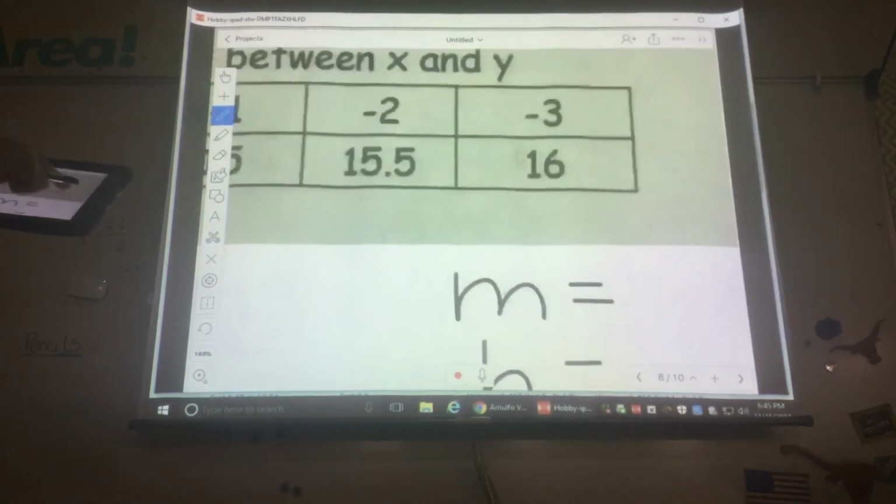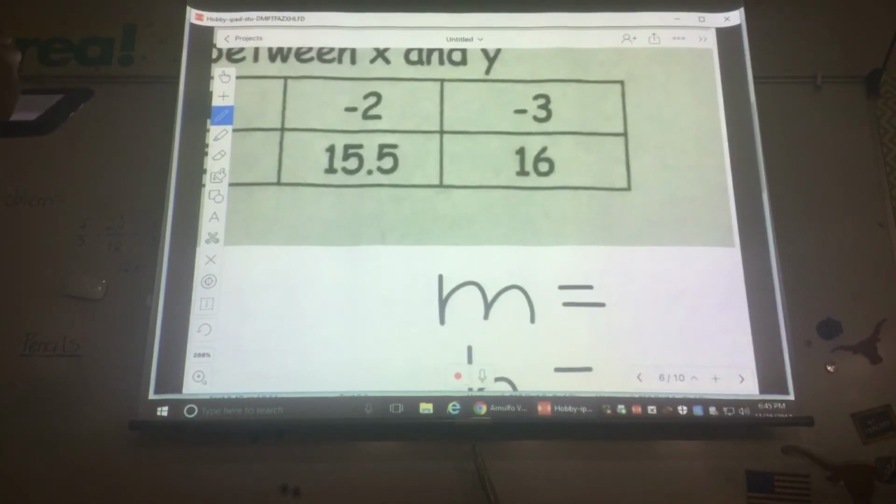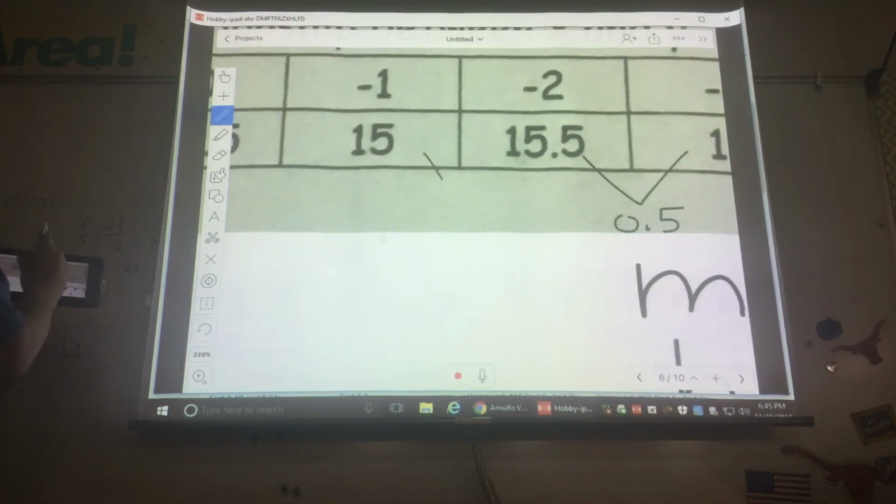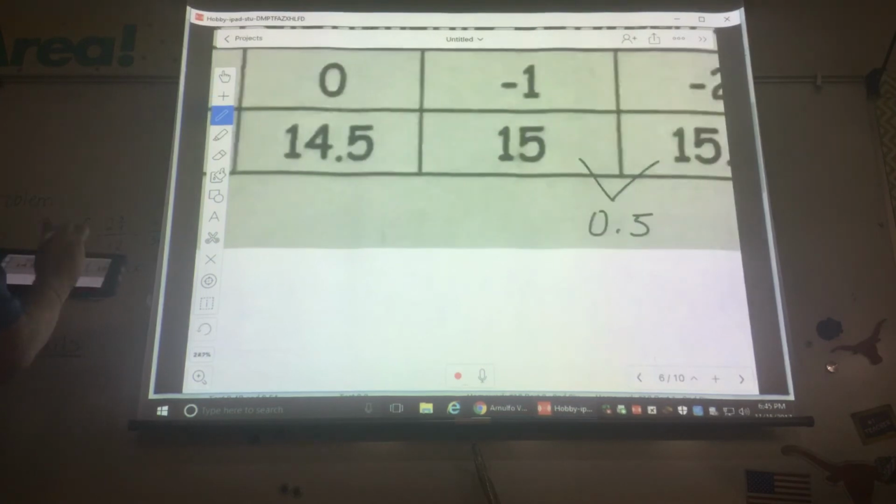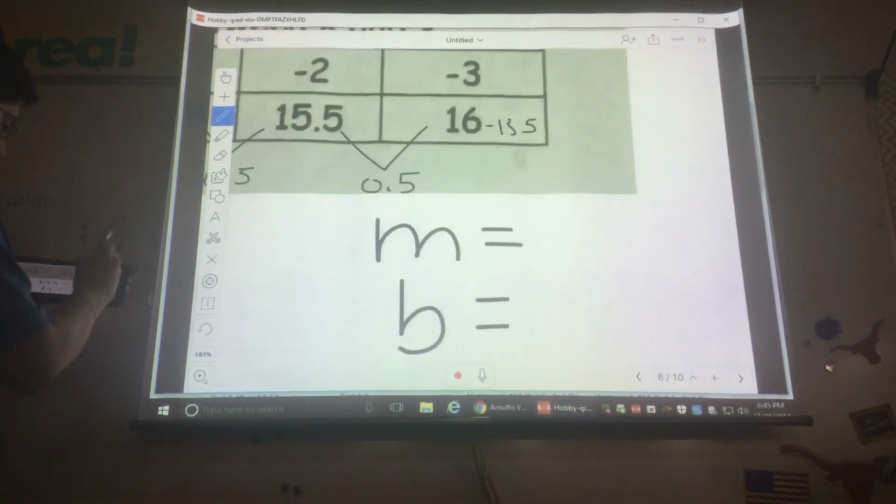So I'm going to go to the y's first. 16 minus 15.5. Okay, we're going to get 0.5. And we keep going. If we do that, we're going to get the same thing on all these. 0.5 and 0.5. So that's going to be my numerator.